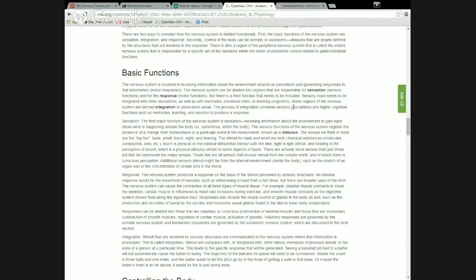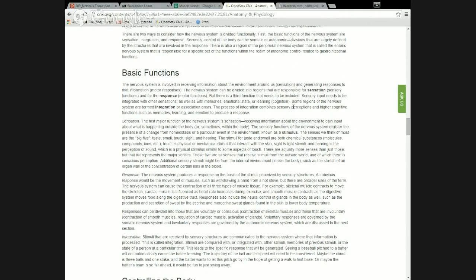But we can also control glandular tissue. Sweating is a response. So you're hot, you start to sweat. The sensation coming in is the heat, and the response to that is the sweat. We call that a motor response, although it's not really any muscle tissue doing anything. It falls into that group there.